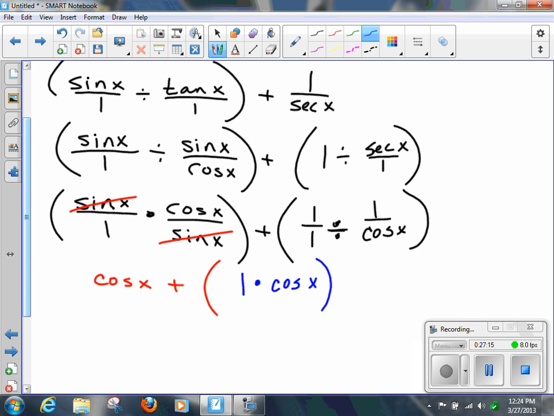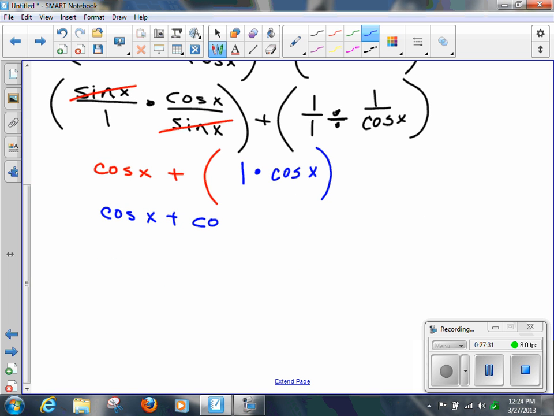Can I just do this from now on? What we get: cosine x plus 1 times cosine x, which is cosine x. What is cosine plus cosine? 2 cosine x. Very good. Seriously? I can have a 2 in front. Yeah, it's just a coefficient.